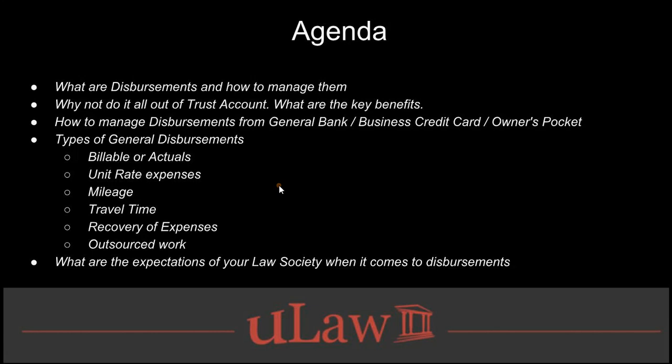And last but not least, we'll look at the Law Society's expectations for the ledgers and journals you need to produce that reflect these expenses on behalf of the client or a file, which are called disbursements, and how they're represented through these documents.